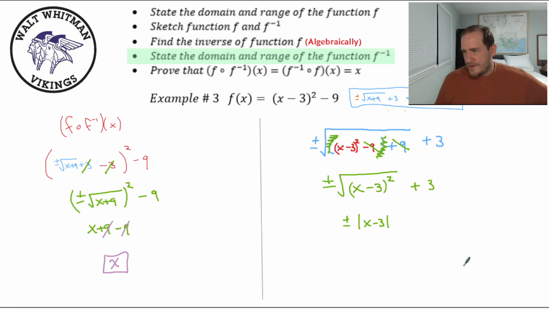So what does that mean? I'm going to say that what that means is, if we had the absolute value bars, and then we went plus or minus, then technically we would get a second copy of this, and we'd have a pair of intersecting lines.